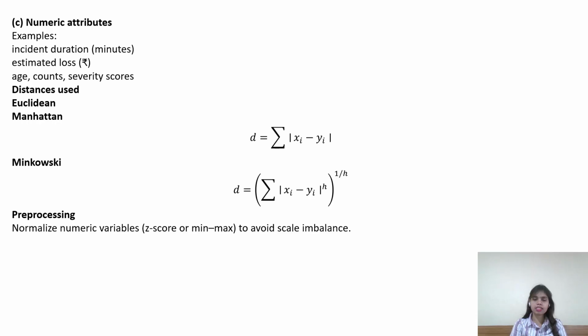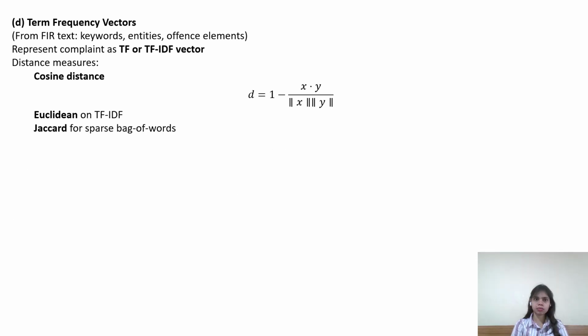Minkowski: d equals the sum of absolute xi minus yi to the power h, all to the power 1 by h. D. Term frequency vectors from FIR text, keywords, entities. Represent components as TF or TF-IDF vectors. Distance measures: cosine distance, d equals 1 minus x dot y divided by norm of x times norm of y. Jaccard for sparse bag of words.